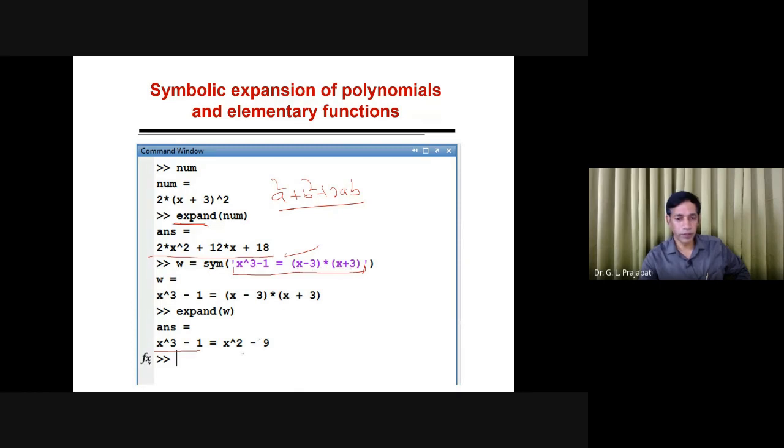And you will get this answer. You can use the formula also, I think. A square minus b square equals a plus b times a minus b. So here a square is x square, b square is 3 square. So a square minus b square is x square minus 9.